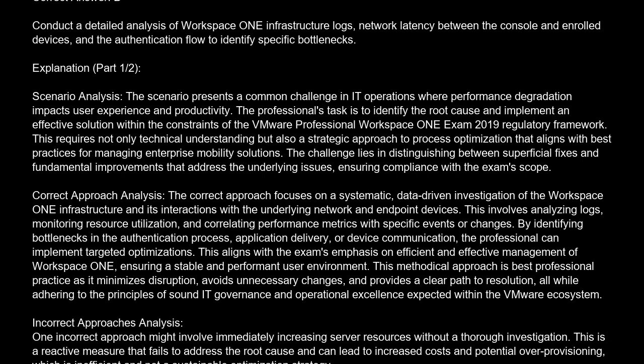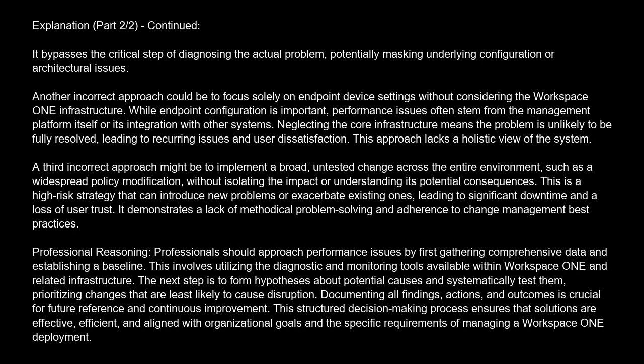Incorrect approaches analysis. One incorrect approach might involve immediately increasing server resources without a thorough investigation. This is a reactive measure that fails to address the root cause and can lead to increased costs and potential overprovisioning, which is inefficient and not a sustainable optimization strategy. It bypasses the critical step of diagnosing the actual problem, potentially masking underlying configuration or architectural issues.